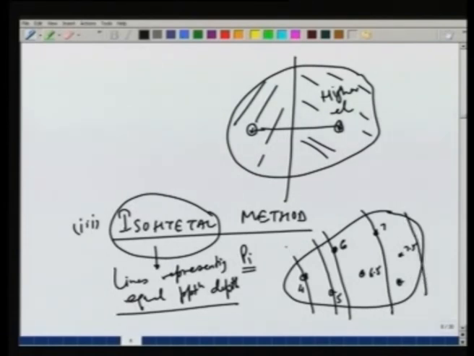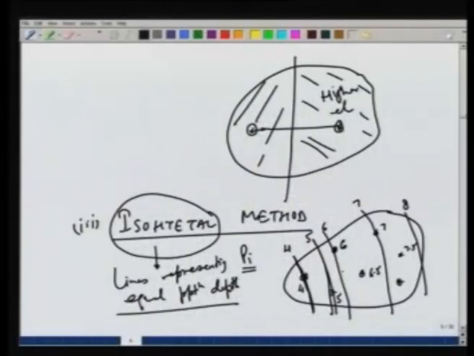which will show depths like this. So, this line represents the line on which the depth of precipitation is 4 millimeters. Similarly, 5, 6 and so on.